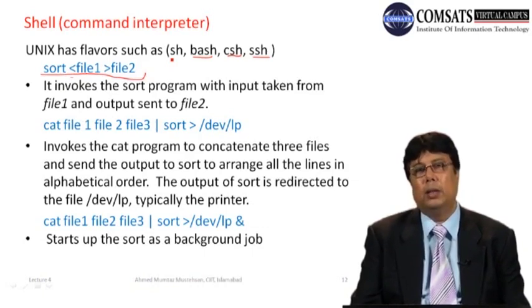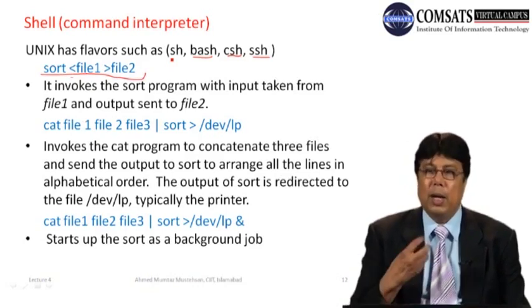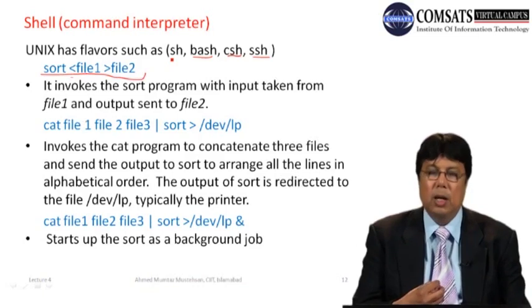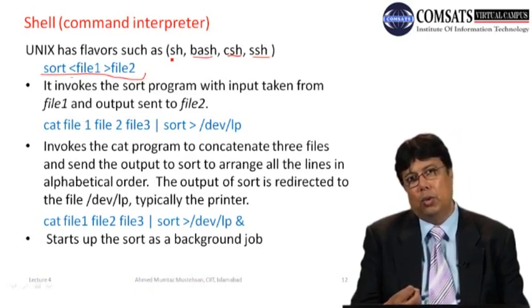The name of the new file will be file 2. So it will open an existing file, file 1, sort the data of file 1, and then write the output back into the file, file 2.